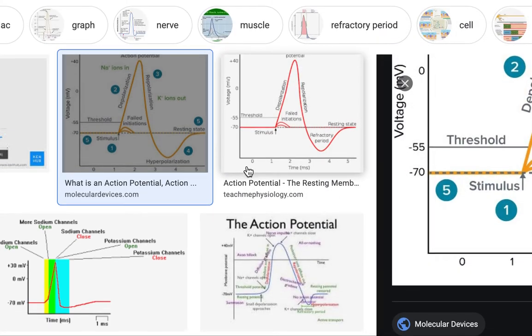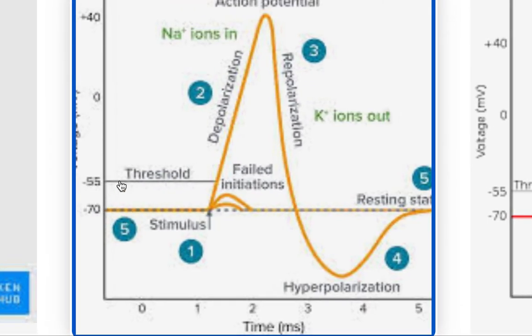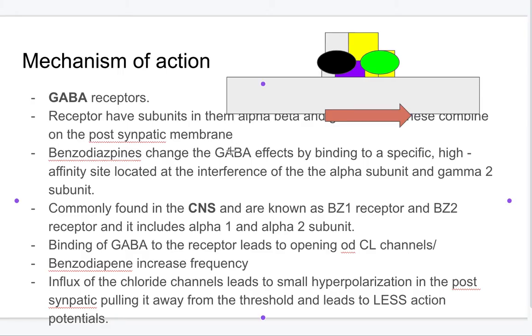If we zoom into this photo, the threshold over here is -55. If I make the membrane more negative by putting in more chloride, you need much more positive charge to come in to reach the threshold and start the action potential. That's the main thing of benzodiazepine. Let me just recap whatever I said: it binds over here.